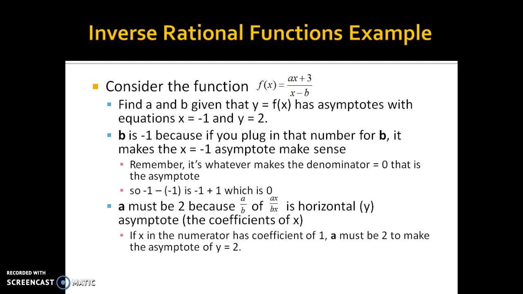The coefficient of x in the denominator is obviously 1, because it doesn't have anything else in it, but there is an x. So if the asymptote is 2, that means ax over x must equal 2. So a must be 2 to make the asymptote y equals 2, sorry.